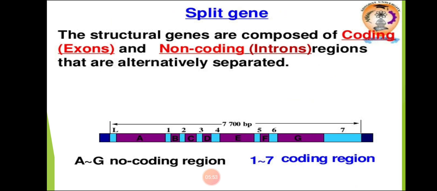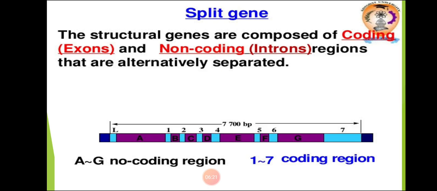Now we need to study the split gene. The structural gene is composed of coding sequence and non-coding sequence. In the diagram, the regions numbered 1, 2, 3, 4, 5, 6 and 7 are coding sequences, also called exons.